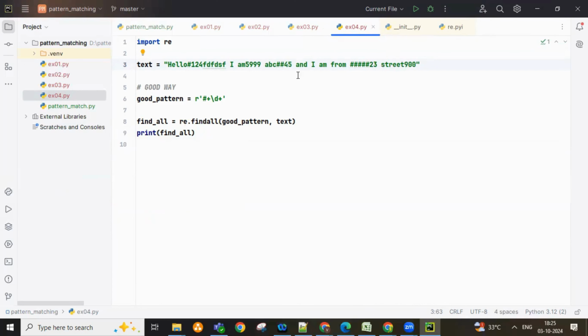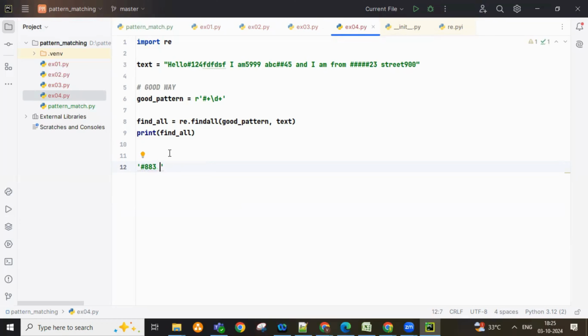My expectation is that the string can have a hash followed by some number, but there should be a space actually. Understood? So now I want to match with the space also.